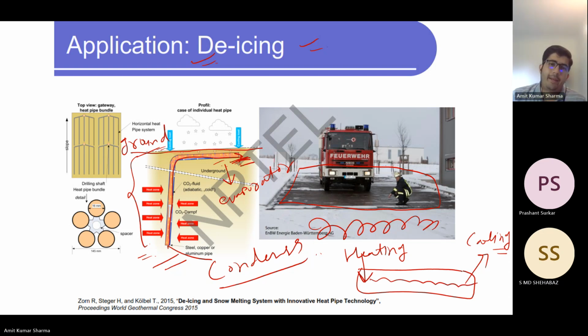Now take 2 minutes again, think thoroughly. It's a very conceptual question. There is a condition that you have to melt the ice of the rod, and which end should be the condenser or evaporator? Now take 2 minutes thoroughly and tell me the answer with reasoning.